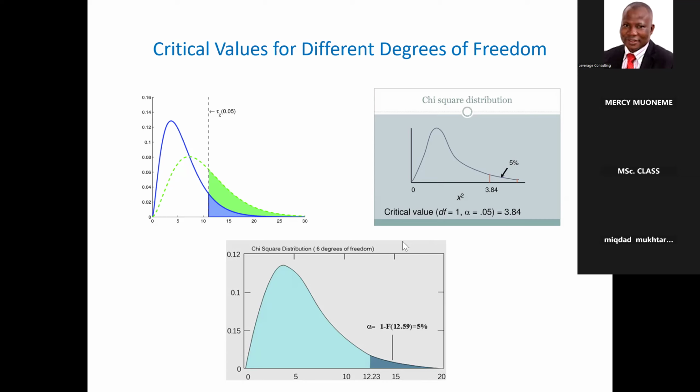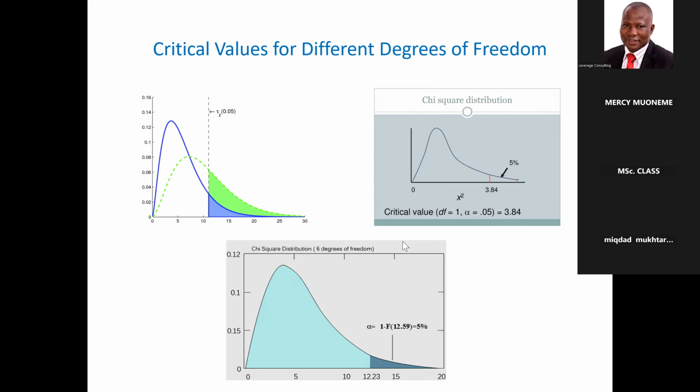0.005, rather, 5%. Now, if you read that chi-square from 0, at what value of chi-square will the area in the graph be 95% of the total area? That level is the critical value for the chi-square.